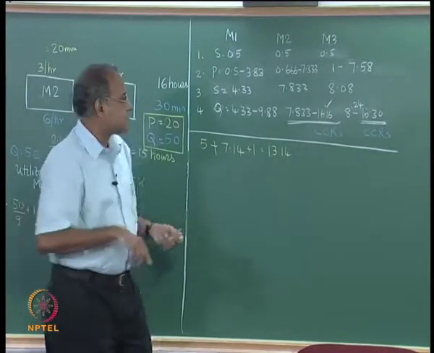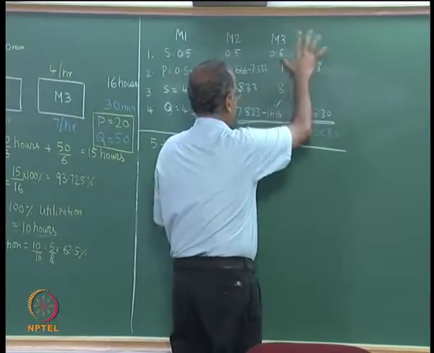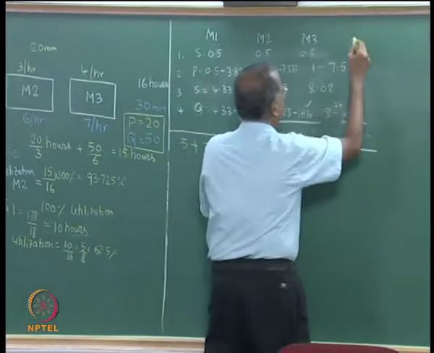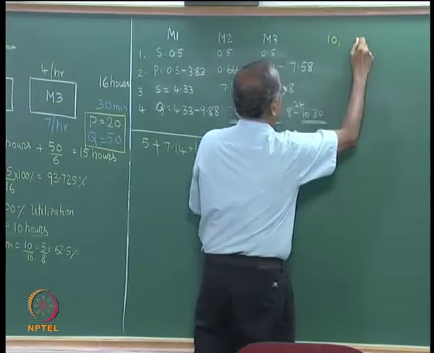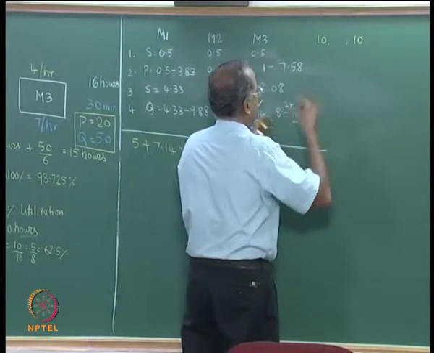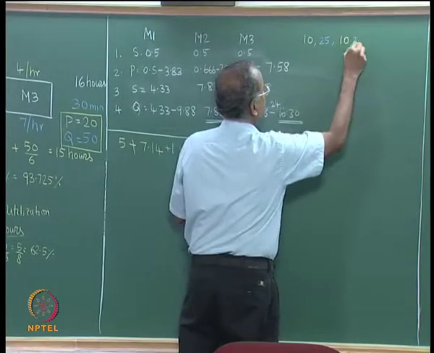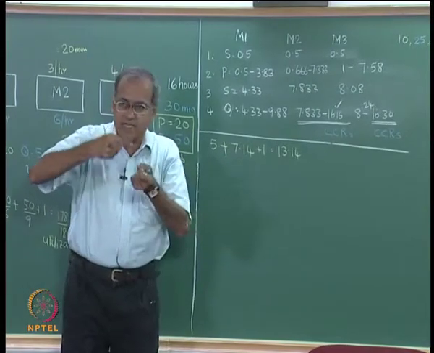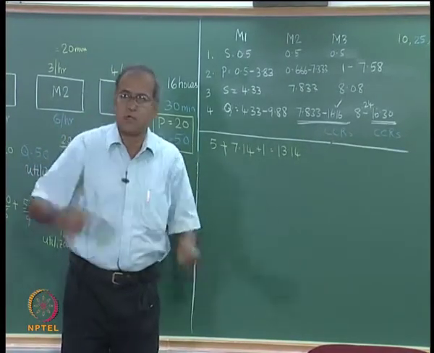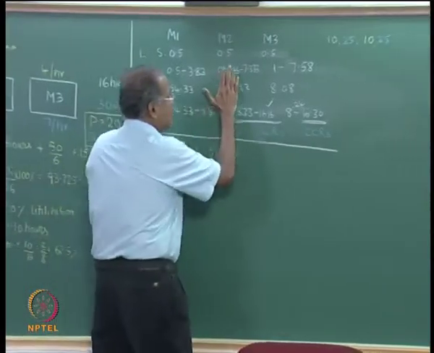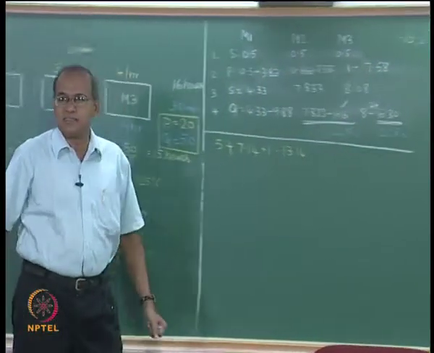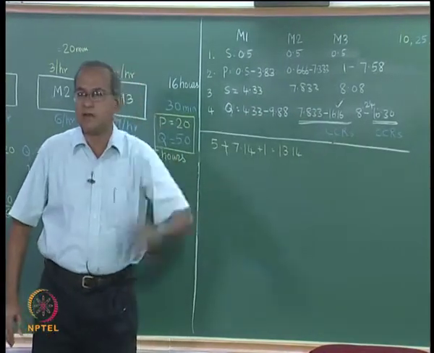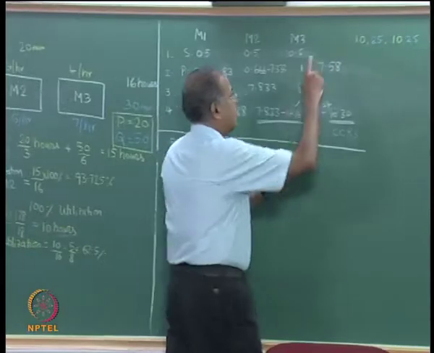But then if we are going to have multiple batches on this, if we are on M3, if we are looking at 10, 25, 10 and 25, then I may have the extra time to create 3 more changeovers, but if I start doing those calculations, I will realize that because it is coming after the bottleneck, the time will only increase on M3 if I try to do this.